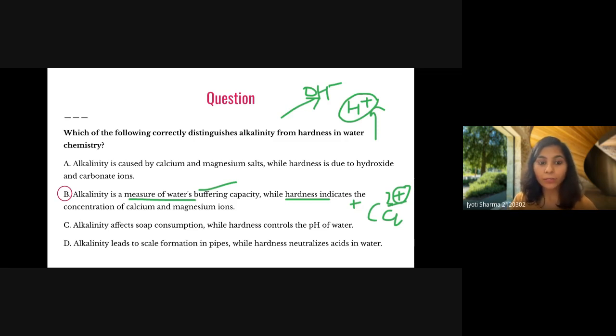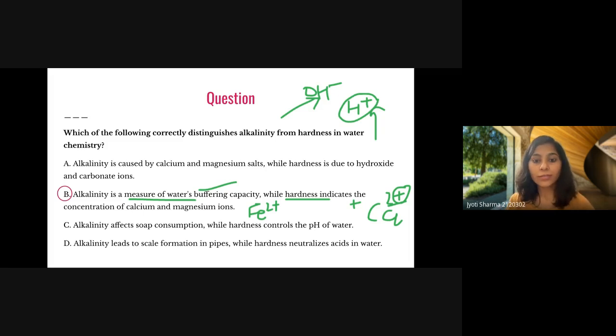Calcium is Ca2 plus and magnesium is Mg2 plus; both are multivalent cations. Along with that, if we have, let's say, iron, Fe2 plus, this will also give you hardness. But because in most water the most prominent minerals are calcium and magnesium, we say that the concentration of calcium and magnesium ions gives you the hardness.